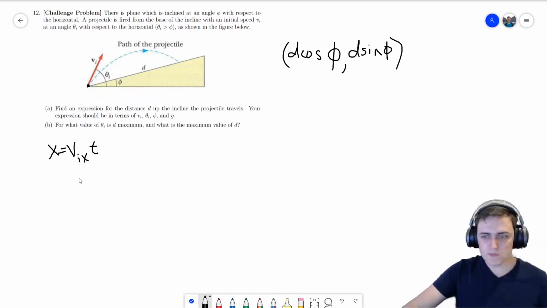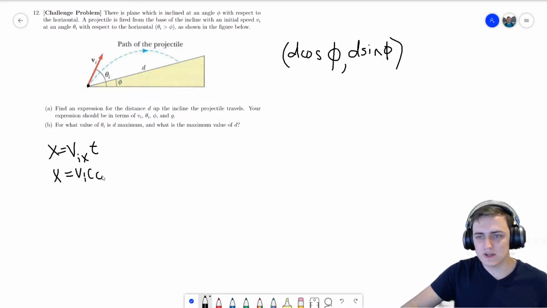Now v initial x, how do we write that in terms of vi and theta? Well, we know it's vi times cosine of theta, multiplied by t. This gives us our x component in terms of vi and theta, and this is the equation for x.